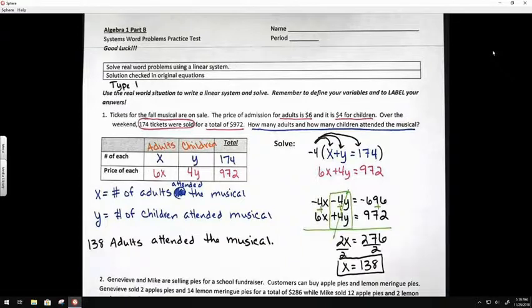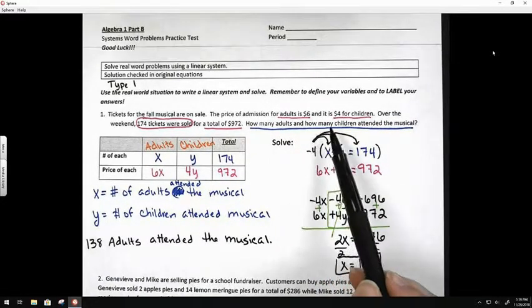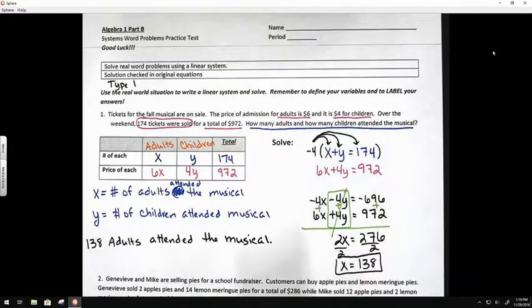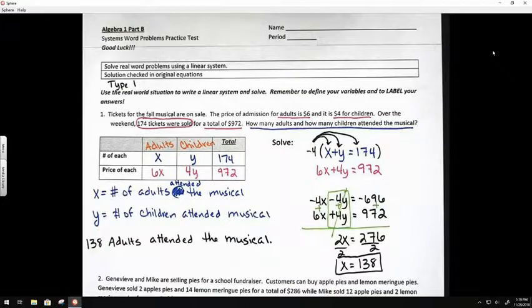But let's go back to our question. It doesn't only say how many adults, it also says how many children attended the musical. So we still need to solve for y. I think the easiest way to do that is to go back to one of our original equations. Pick whichever one's easier. The easier equation would be x plus y equals 174.